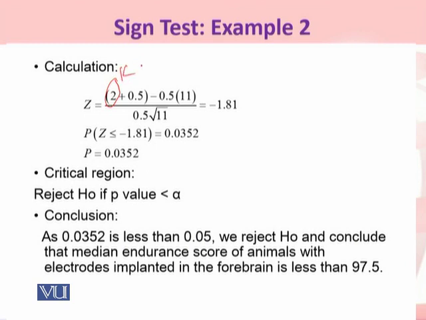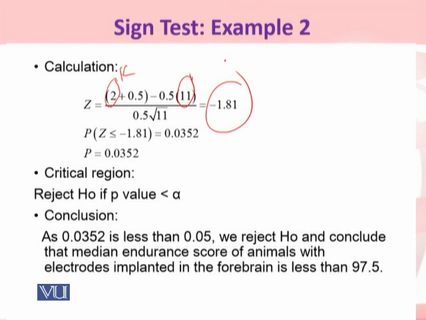K is the number of positive signs in the data. So there were 2 plus 0.5 minus 0.5, and here you can note that I didn't take n as 12, because one of the values was equal to the median. Skipping that value, we are left with 11 values. Divided by 0.5 times the square root of n, the leftover sample values, we got Z as minus 1.81.